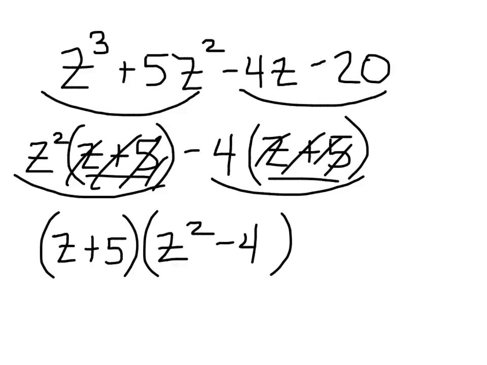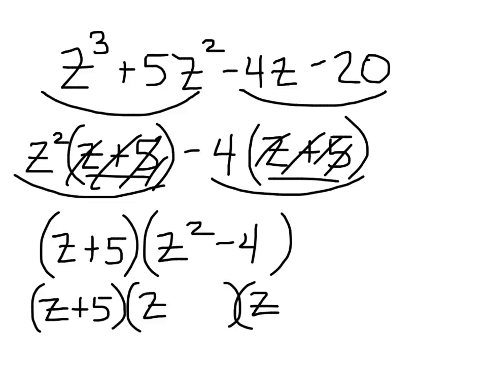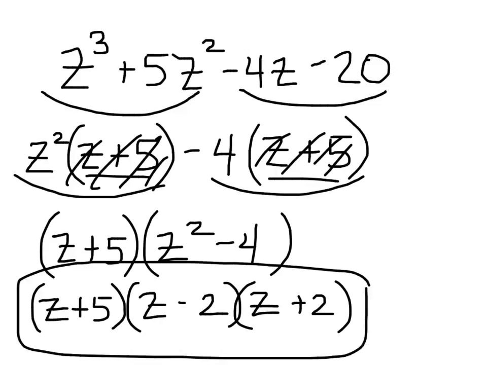Can z squared minus 4 go further? Yeah. What times what gives me z squared? Z and z. What times what gives me negative 4, but adds up to be 0? Negative 2 and positive 2. And I factored completely. Okay?